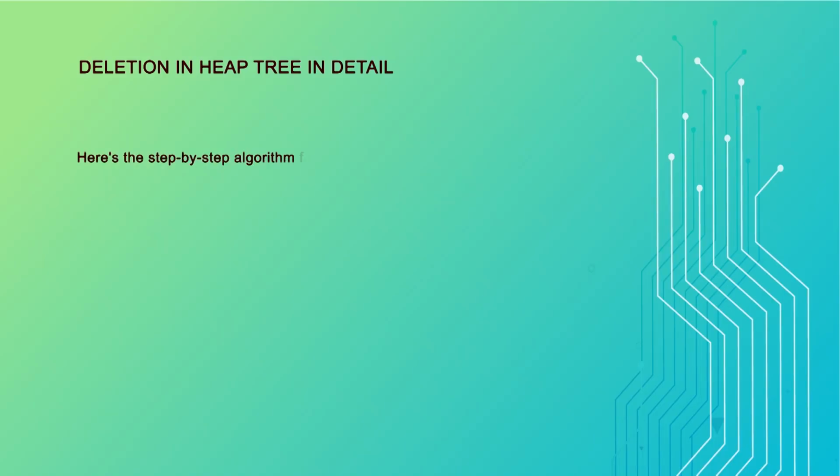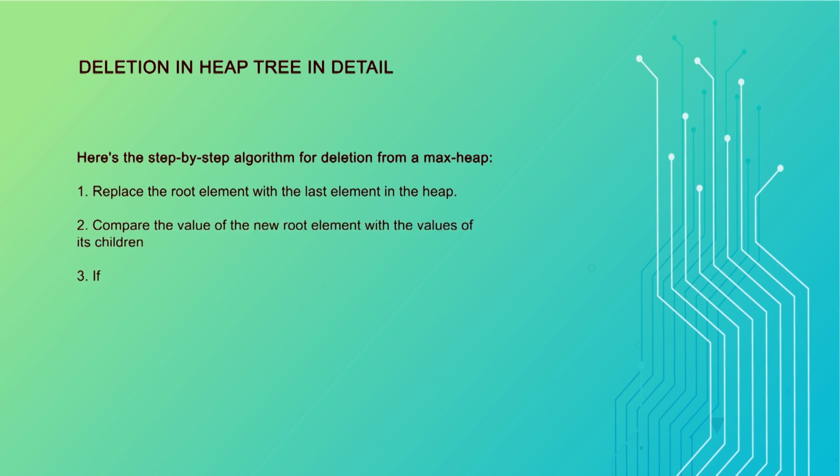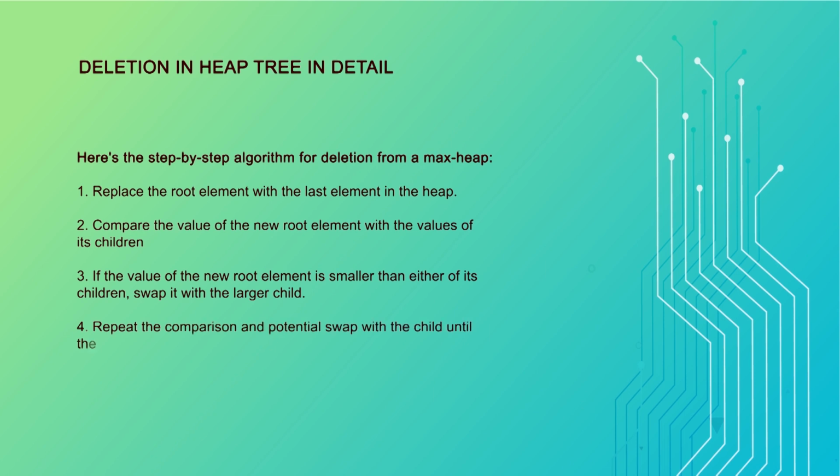Here are some steps we need to follow to delete the element from the heap. The first step is to replace the root element. The second step is to compare the value of the new root element with the values of its children, that is, the elements at indices 2 * index + 1 and 2 * index + 2, where index is the index of the new root element. Step 3: if the value of the new root element is smaller than either of its children, then swap it with the larger child.